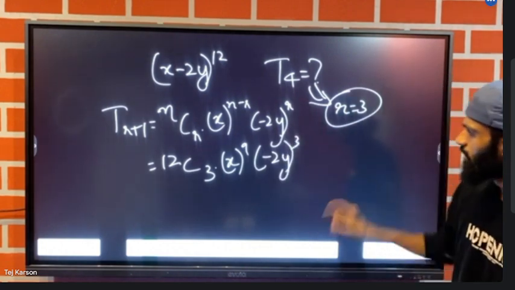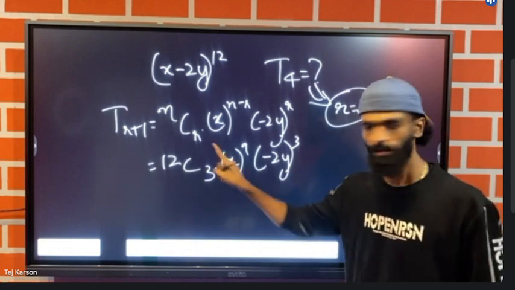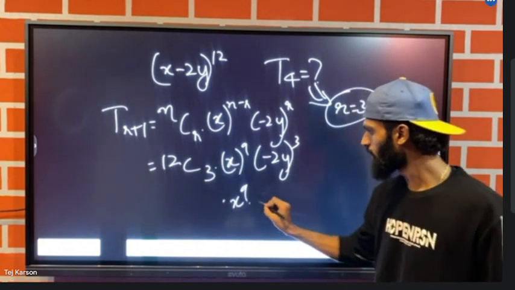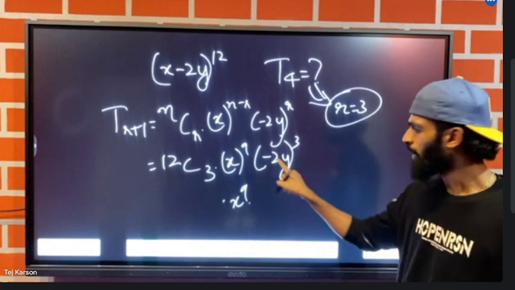Gotta solve this, it is very simple. This part I'll solve later. x to the power 9 remains as it is, into, careful here, minus 2 the whole cube.